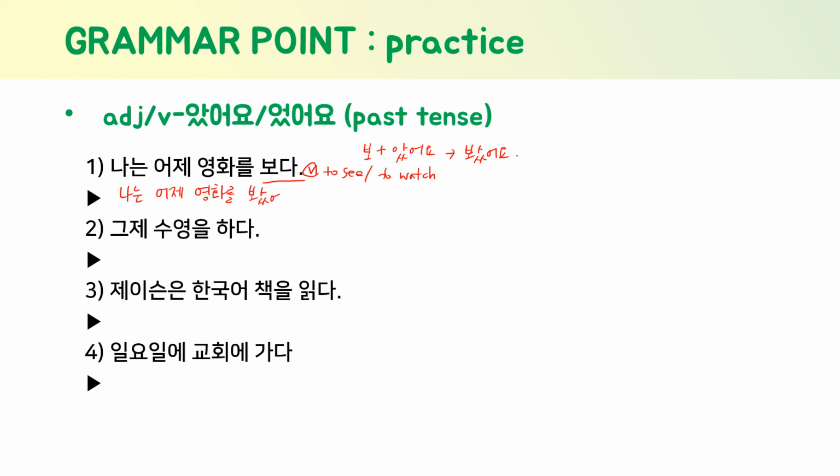Number 2, 그제 수영을 하다. What's the verb in this sentence? 하다, which is to do, right? So 하다 becomes 하였어요, becomes 했어요.